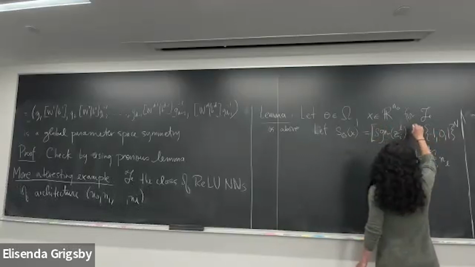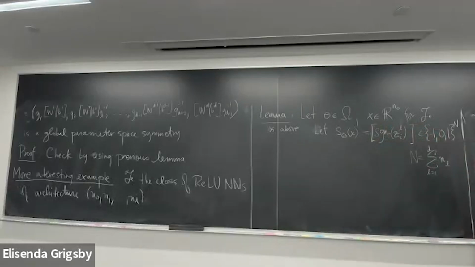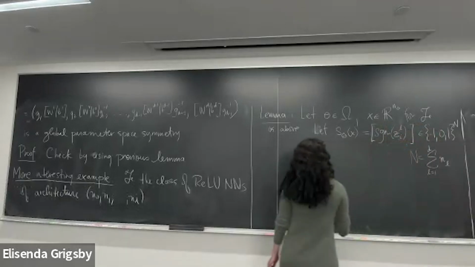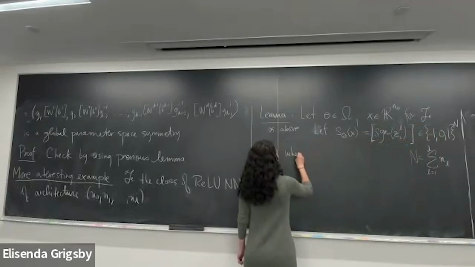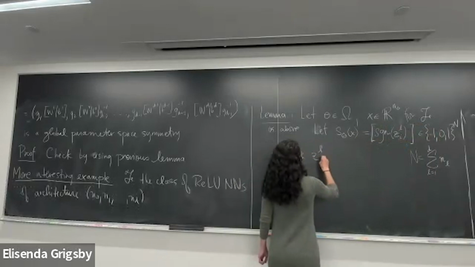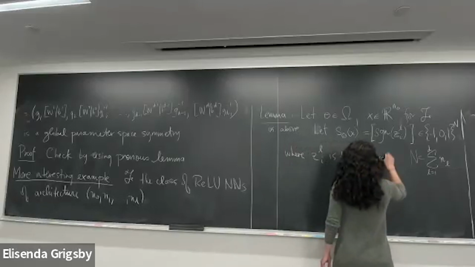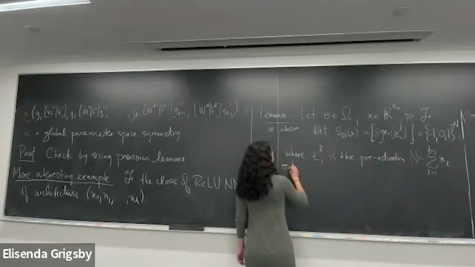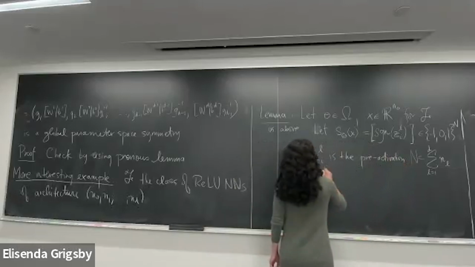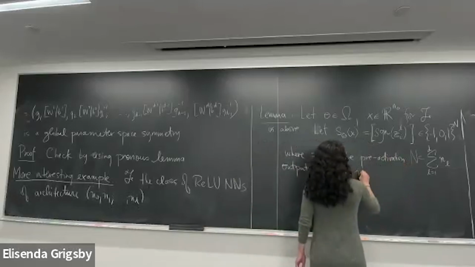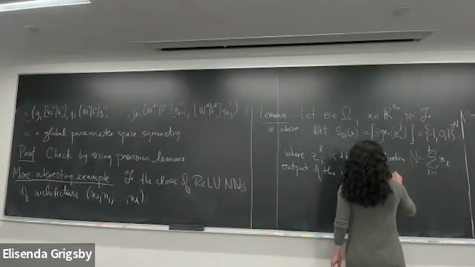I didn't write this down in my notes carefully, so I'm just trying to come up with notation on the fly. But this is a vector of the signs of the pre-activation outputs of each neuron. Let's see, l_i is the pre-activation of the ith neuron.